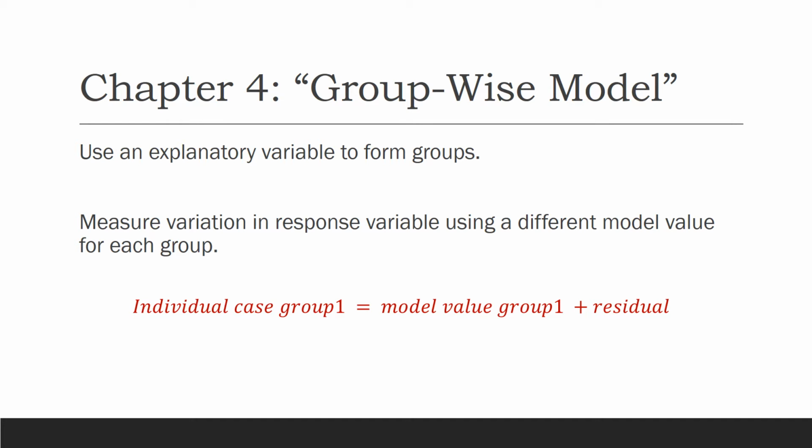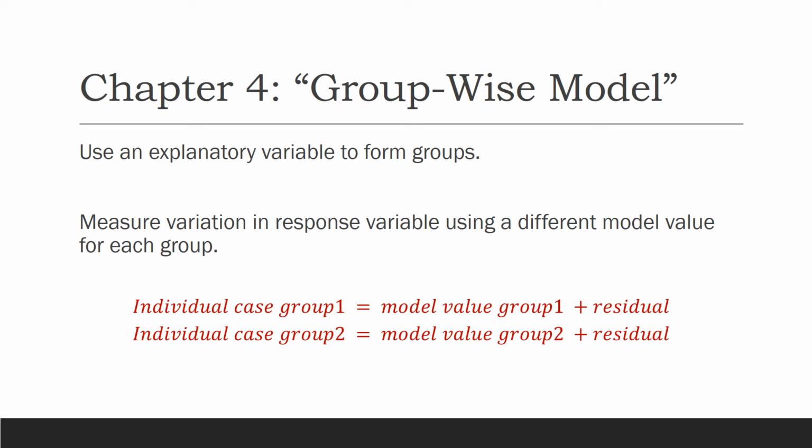So for instance, an individual case in Group 1 will be equal to the model value that we choose for Group 1 plus a residual. An individual case in Group 2 will be equal to the model value for Group 2 plus a residual. And we can have as many groups as we like.